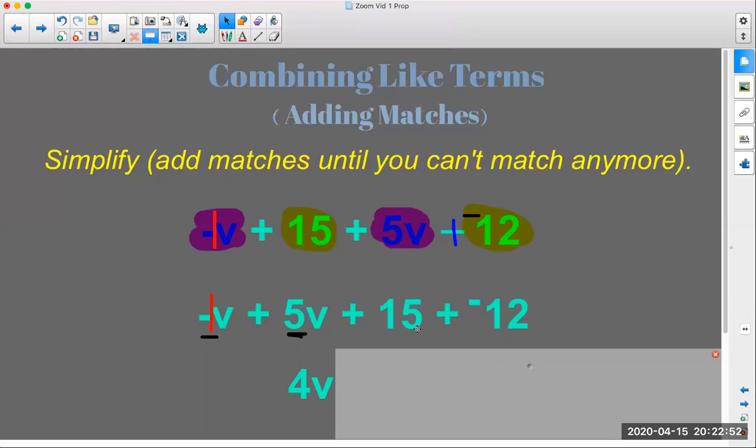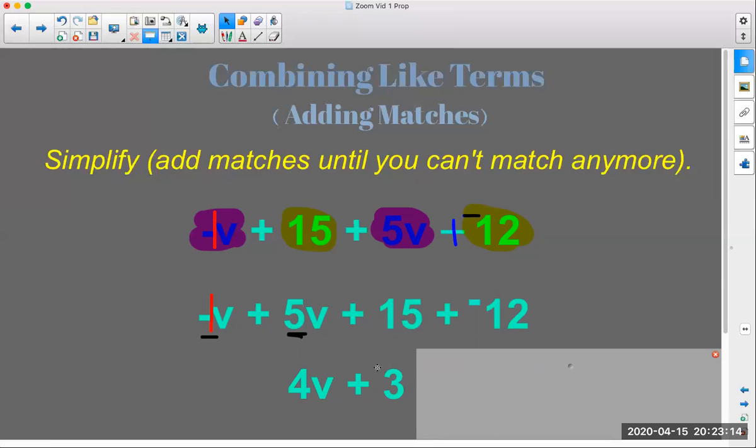Let's add them up. So this is like, I have $15, but I owe you $12. How much will I have after I pay you back? 15 minus 12 is $3. I tell you what, I'm going to stop borrowing money from you because I'll be broke.